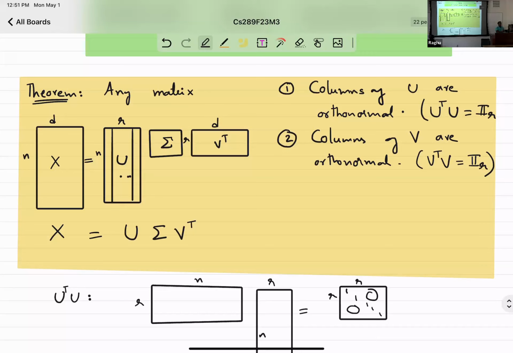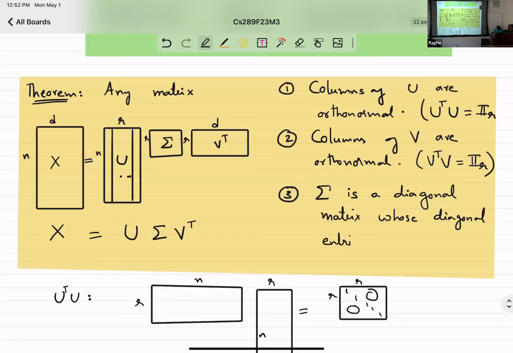And then, how about sigma? It's an R by R matrix. It's a square matrix, and sigma is also actually very simple. In fact, sigma is a diagonal matrix whose diagonal entries are non-negative.